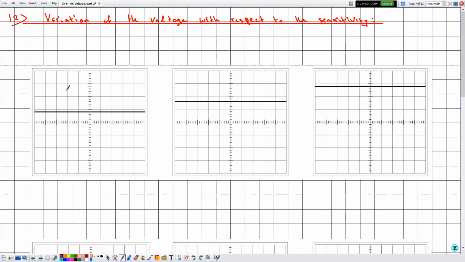And here let me start with the subsection 12.1 and say variation of the DC voltage with respect to the vertical sensitivity SV.